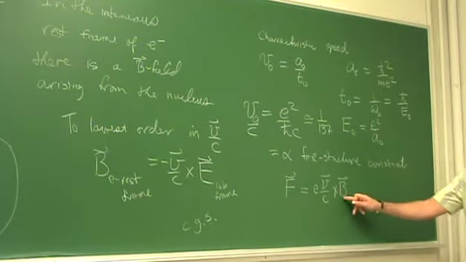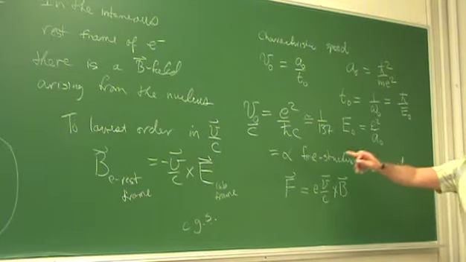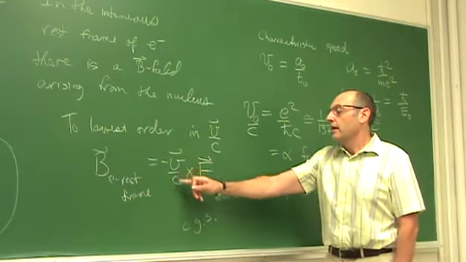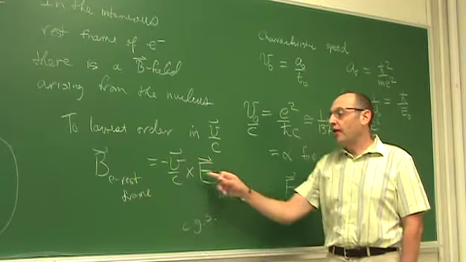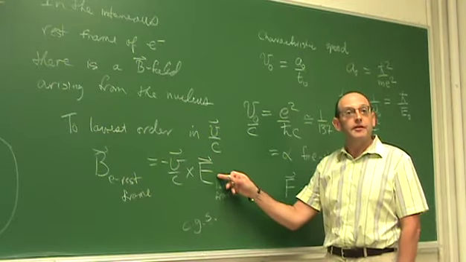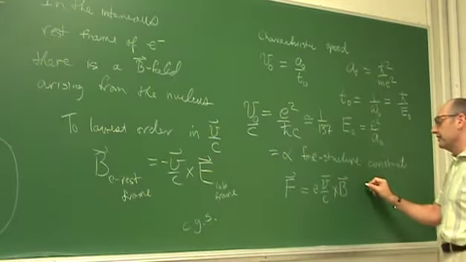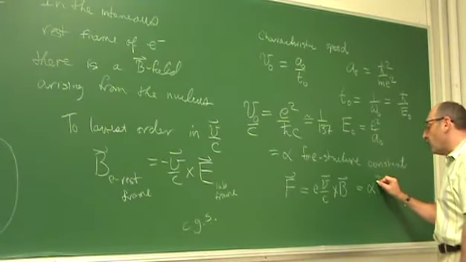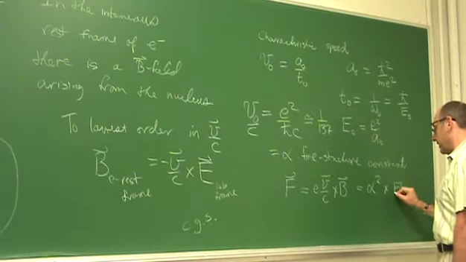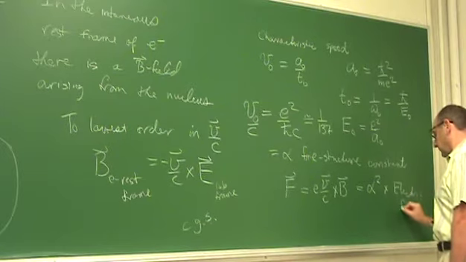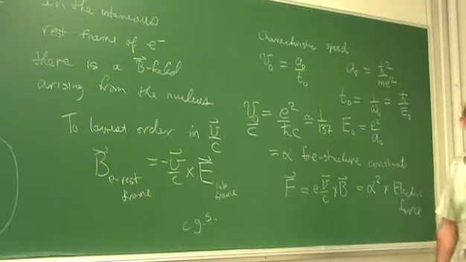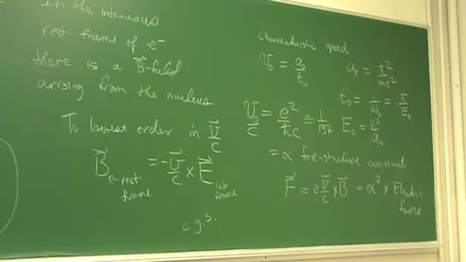And if this is on the order of v over c itself times the electric forces, then we expect the forces to be alpha squared times the electric forces. So that kind of gives us a sense of the scale of the perturbation.